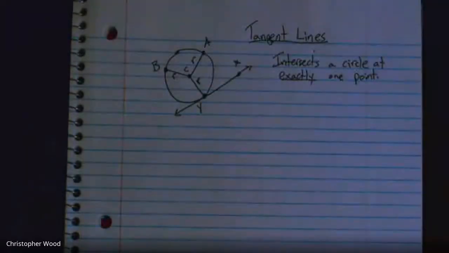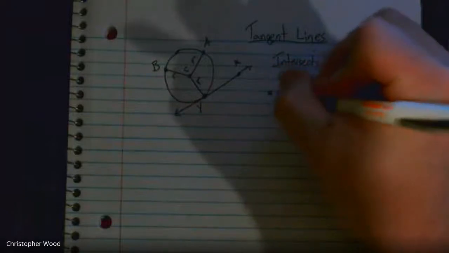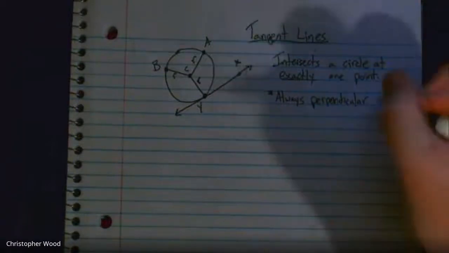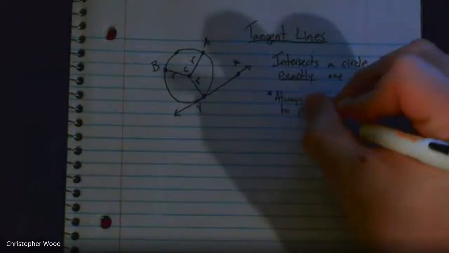It might be hard to tell from hand drawing these, but there's a special property that tangent lines have. They are always perpendicular, which means a right angle, 90 degrees, to the radius.